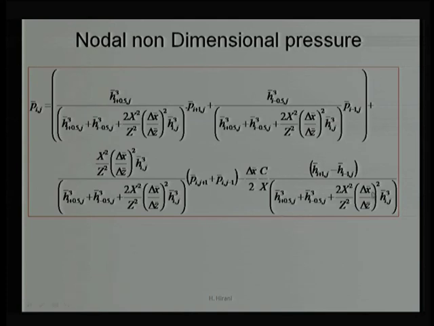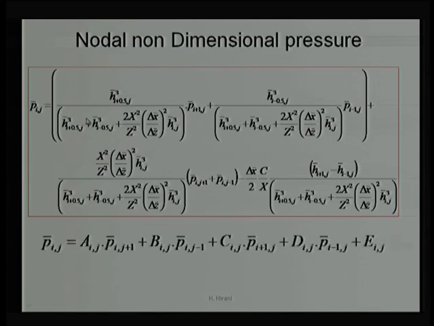Now, this is a negative term, this is positive, and this is positive, but you can see the multiplication factors. We know film thickness will decrease with increase in x. That means this will be negative, h(i+1, j) minus h(i-1, j), and this film thickness will be greater than that film thickness; only then will convergence occur, otherwise it will not. That means this term is negative, and negative and negative will be positive. So, overall this term is positive, this term is positive, this term is positive, and this term is positive.